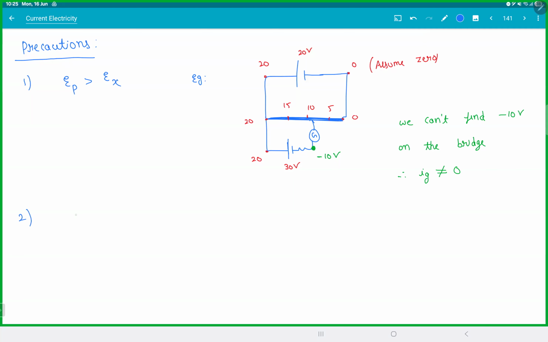Second thing, the batteries EP and EX must be in the same polarity. What do you mean with that?